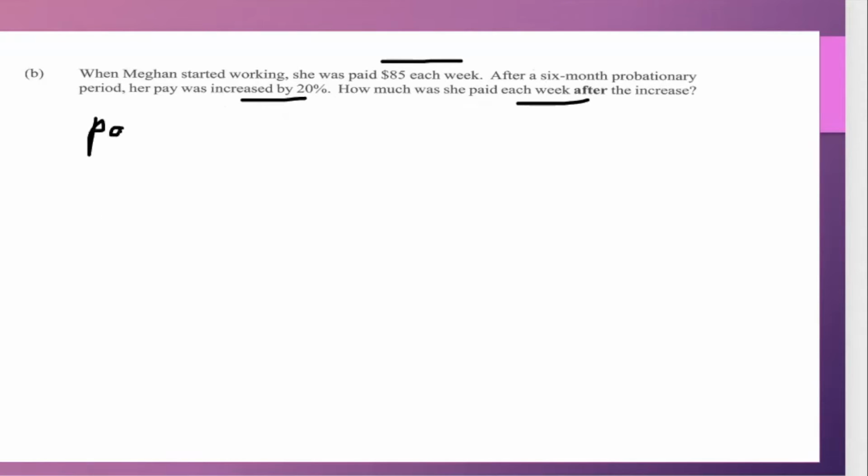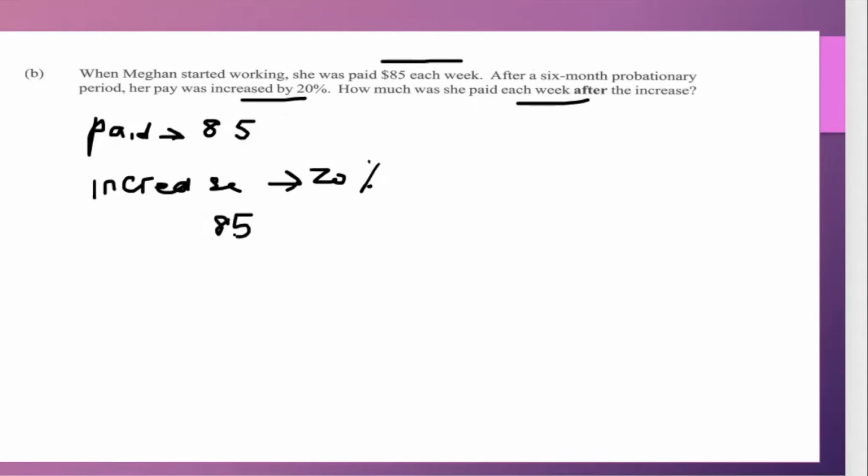She's paid $85 a week. Now, she got an increase after the probation has ended. So the increase is by 20%. So she got a 20% increase after her probation period.